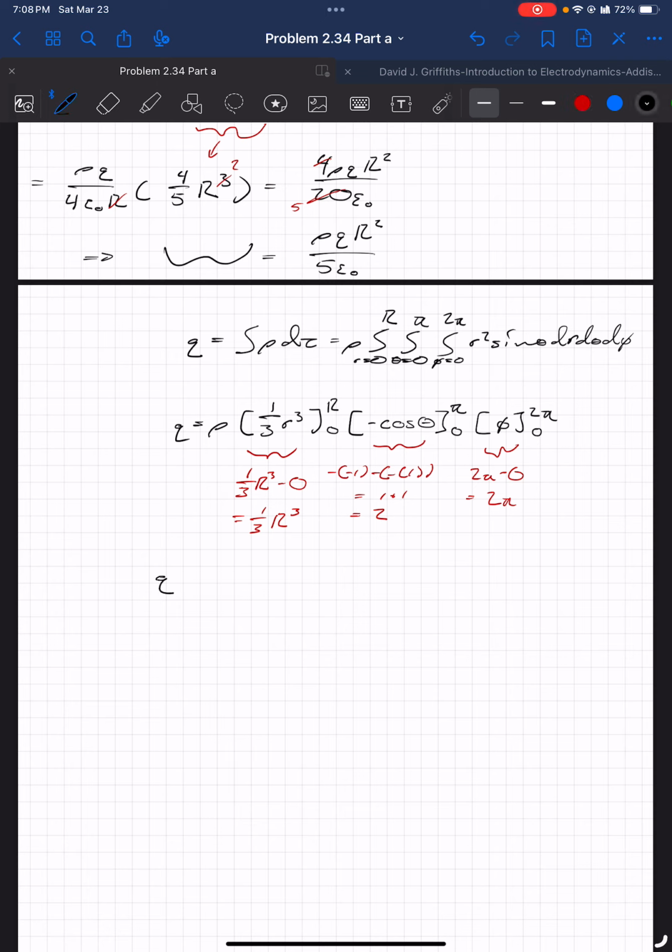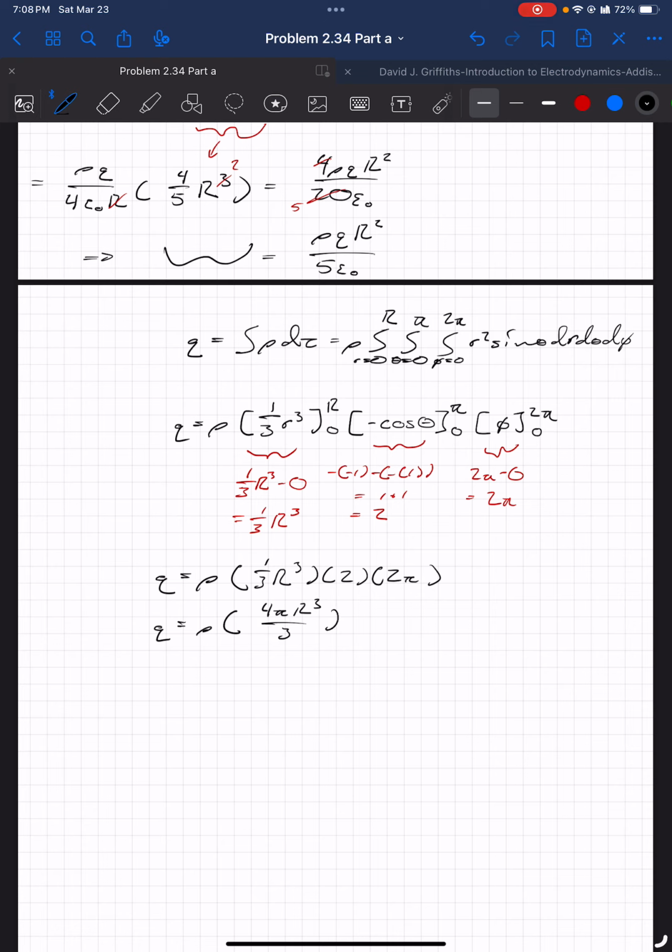So we will end up having Q is equal to rho times 1/3 R cubed times 2 pi, which when all multiplied together gives us Q is equal to rho times 4 pi R cubed over 3.